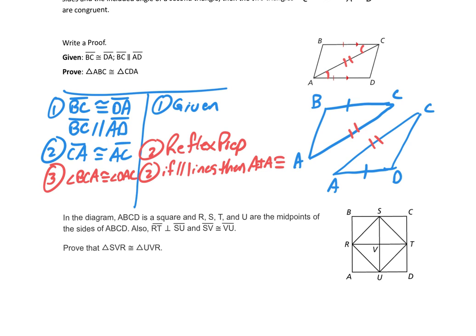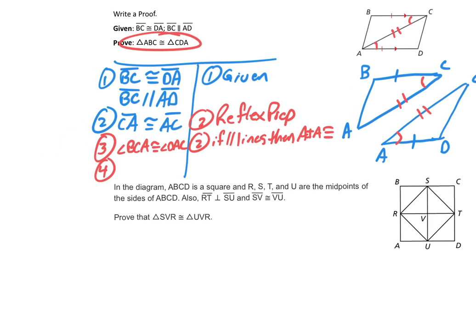And so then I know that this angle and this angle are congruent. And so now my final statement is going to state that these two triangles are congruent. Triangle ABC is congruent to triangle CDA, by side angle side.